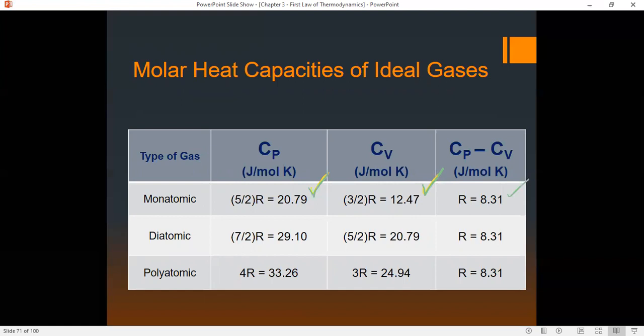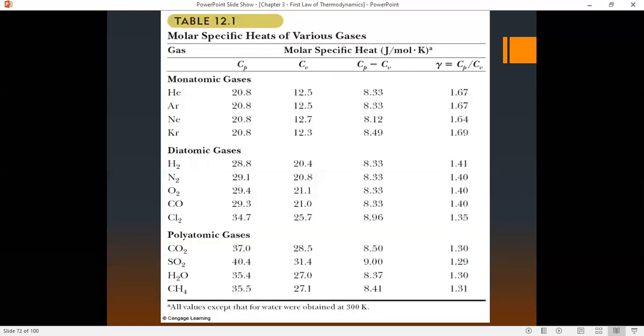We go up to diatomic, we bump up by another R, okay? And then for polyatomic, we can go up to approximately 4R. Got to be a little bit careful there because the dynamics of the molecule are going to affect that. But this agrees pretty well with what we observe for real gases.